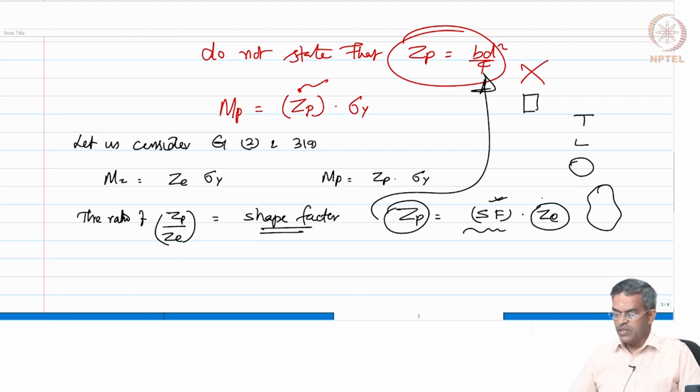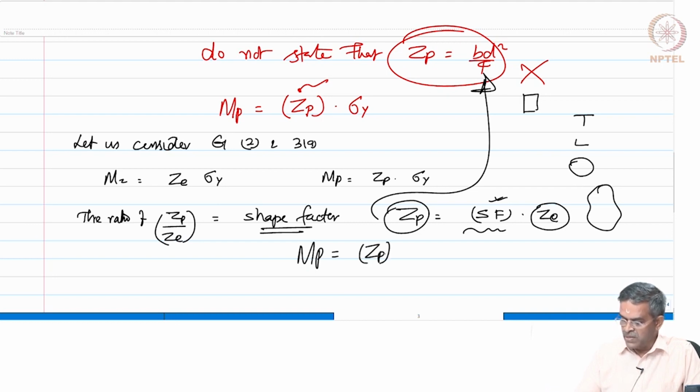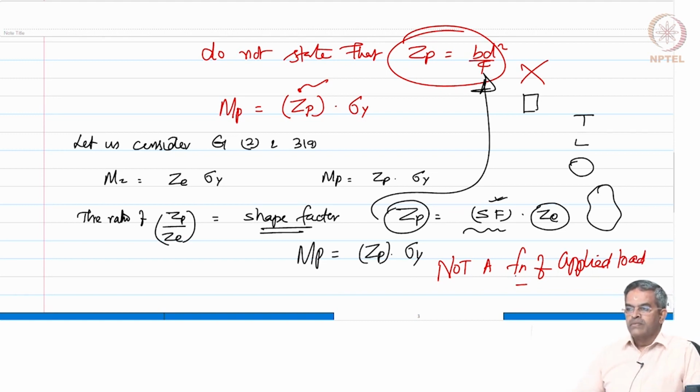Okay. And also please note friends, the moment capacity of a plastic section, plastic section modulus multiplied by sigma y, is not a function of applied load, am I right? Usually M used to be wL square by 12 etc., whatever may be.